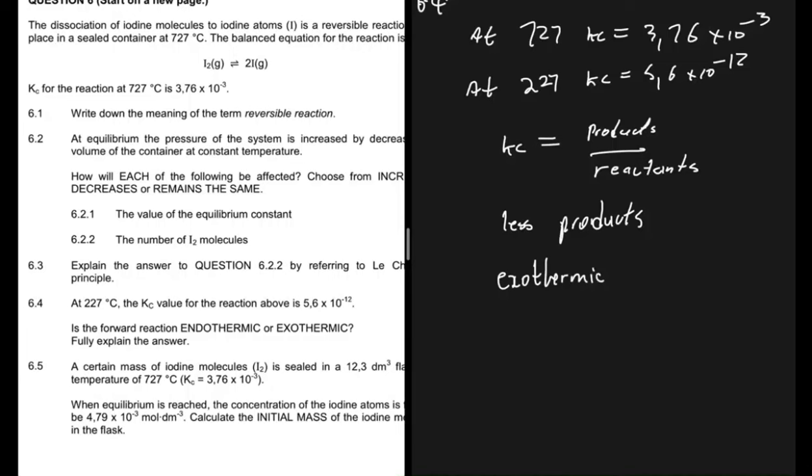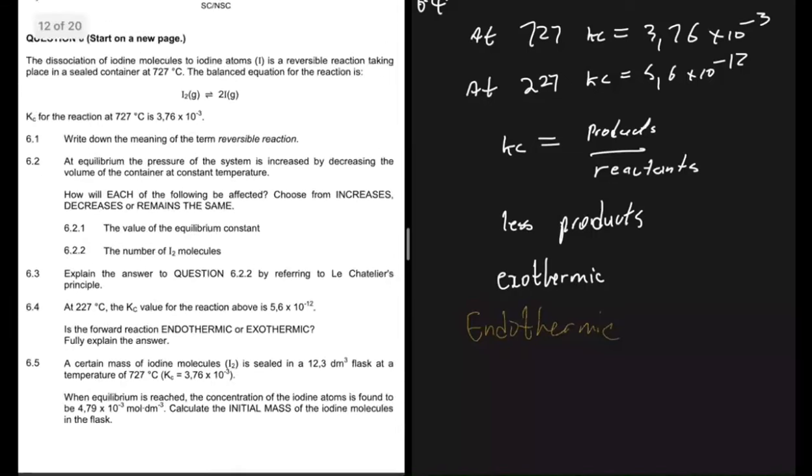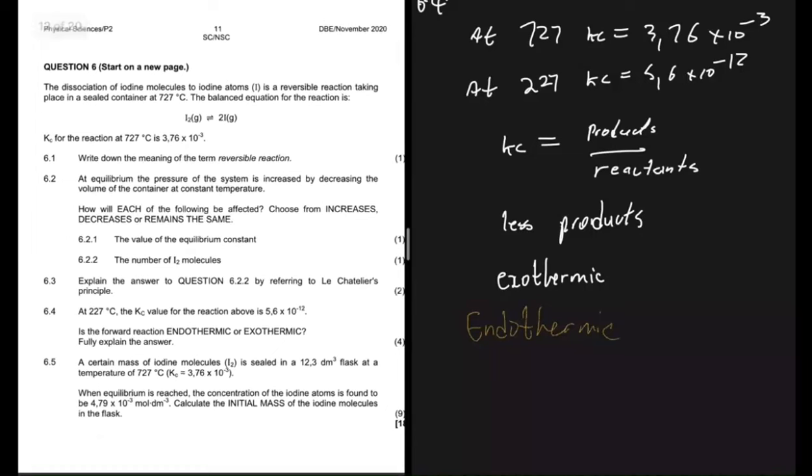And the question is asking us whether it's endo or exo, the forward reaction. So for our answer we're going to say endothermic, because we know fully well that the reverse reaction is exothermic because it was favored by a decrease in temperature. And again, it says fully explain your answer, which is what I just did.